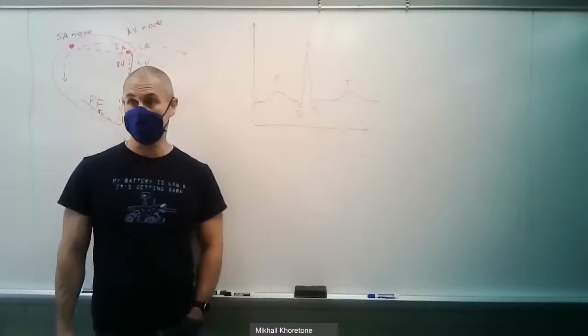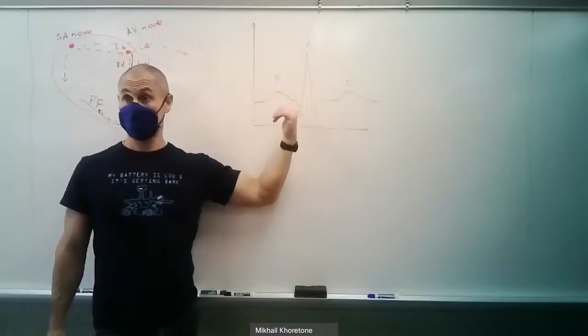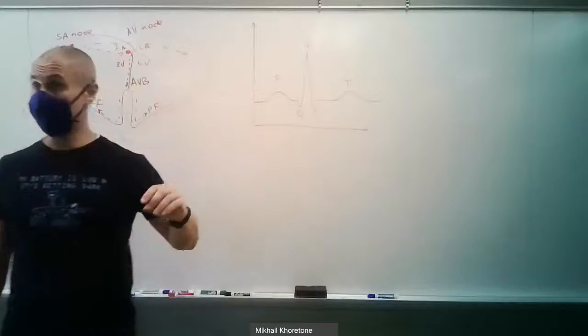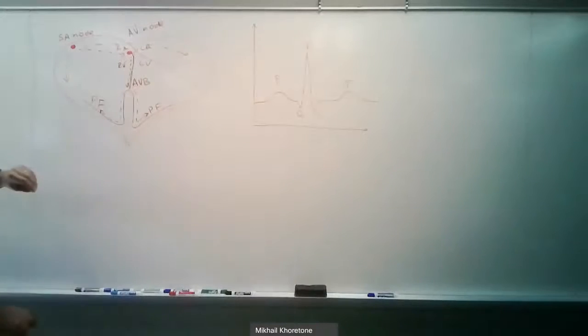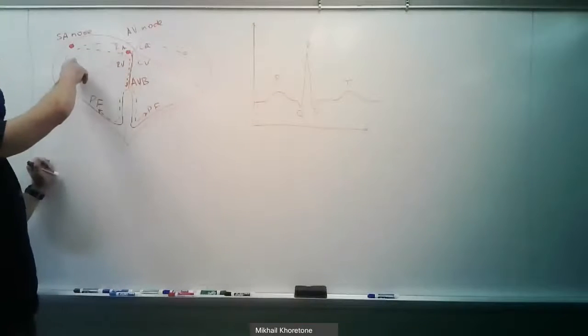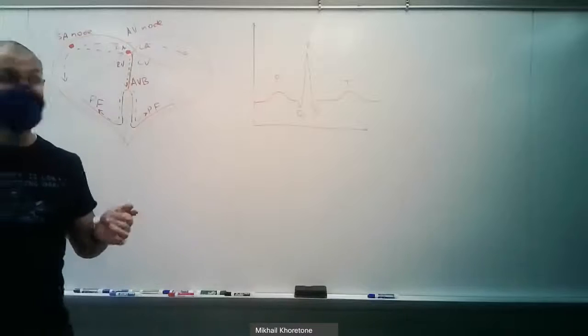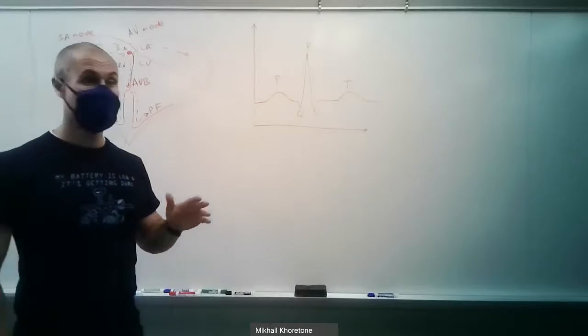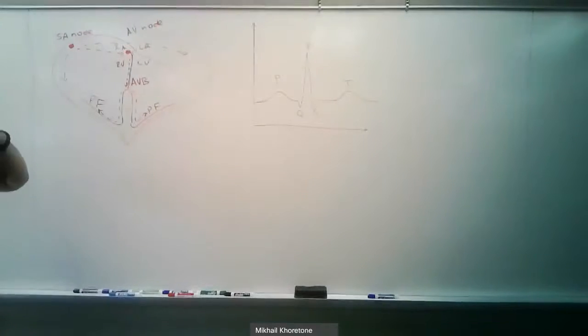Yes, P wave is gone. Are you going to have QRS and T? Sure, of course you're going to have them. Does that make sense? Because SA node doesn't work, but AV does. It will take over. Good? This is called SA block.